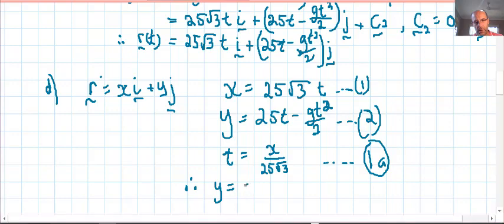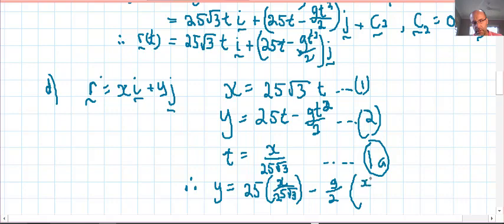Let's do that now, and we get 25 times x over 25 root 3 minus g over 2. I'm going to separate the g over 2 a bit, and then the t squared is the x over 25 root 3, all squared.